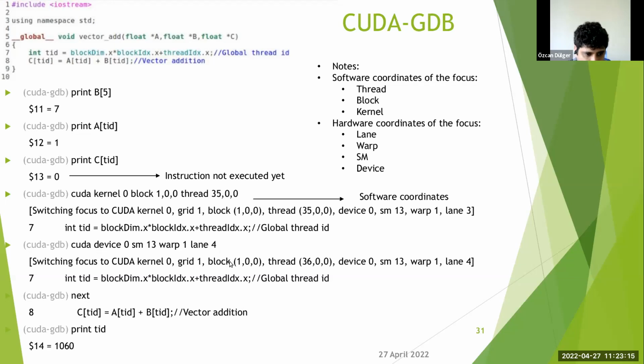So the global ID of the threads of the second block starts from 1024, and by adding the local thread ID 36 here, we get 1060 as the global thread ID of the current focus.